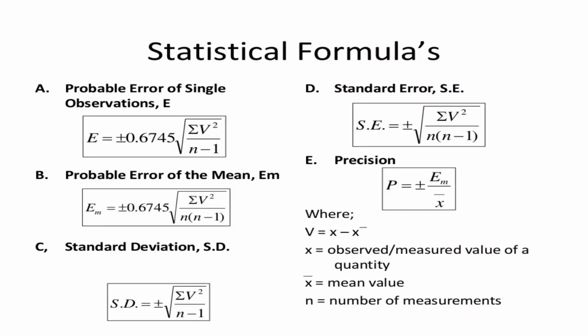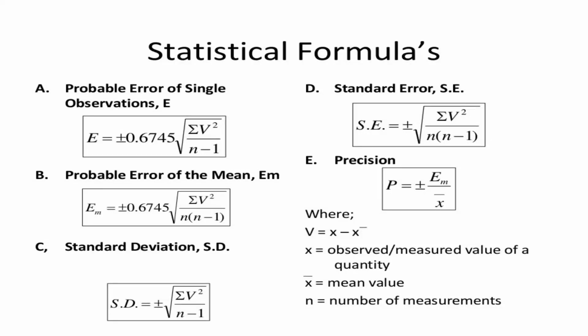The formula for probable error is difficult to derive, so it is stated here categorically. The probable error of a single measurement or observation is given by the formula E is equal to plus or minus 0.6745 root of summation of V square divided by n minus 1, where n is the number of measurements.